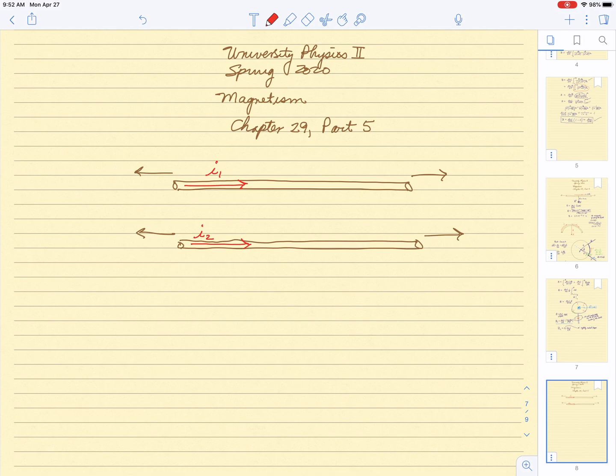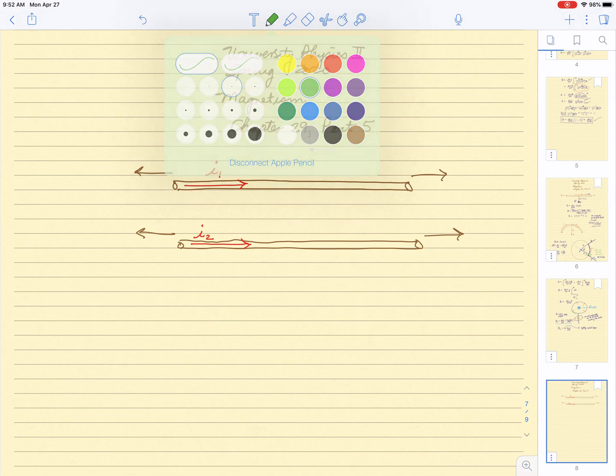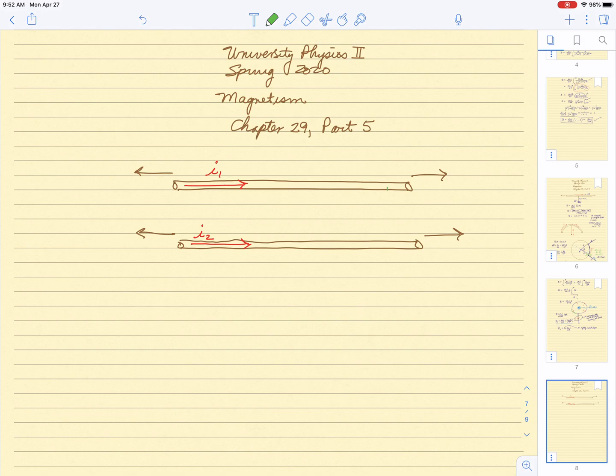So we're going to assume that there's a distance between these wires r, and that there's a relevant length that we'll talk about, and you'll see why that comes into play.